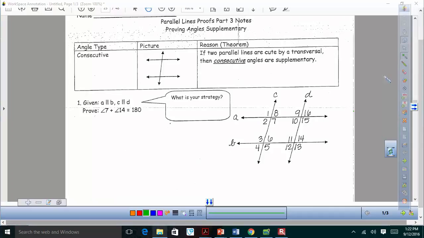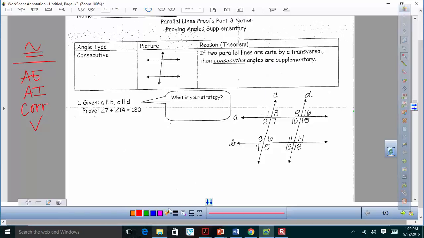Okay. Alternate exterior. So our congruent angles were alternate exterior, what else? Alternate interior, corresponding, and vertical. Okay, so those were the only ones we could really use on the last stuff.